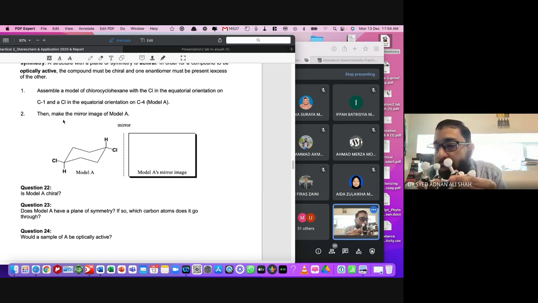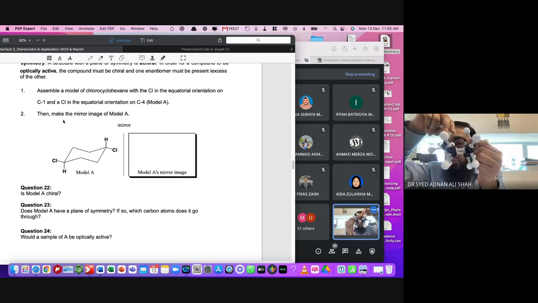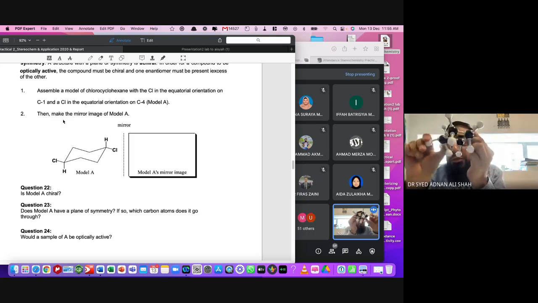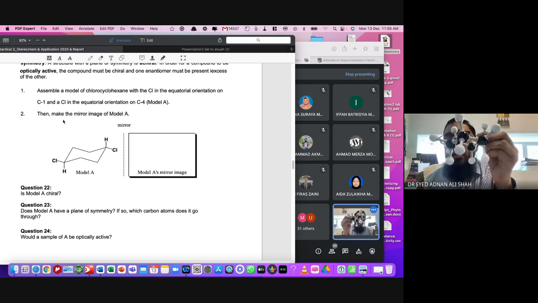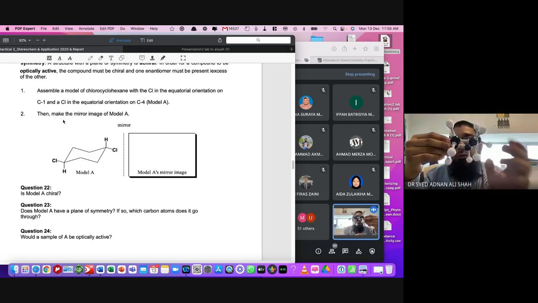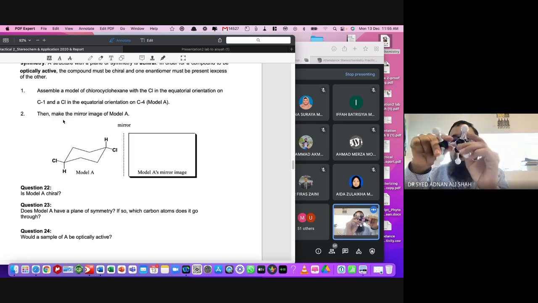In the boat conformation, these two axial 1,4-diaxial hydrogens are very near to each other. This is called the flagpole interaction. Because of these hydrogens, the boat conformation is not stable in cyclohexane. Only the chair conformation is stable in the case of cyclohexane, right? So this is why the chair conformation is stable in cyclohexane.